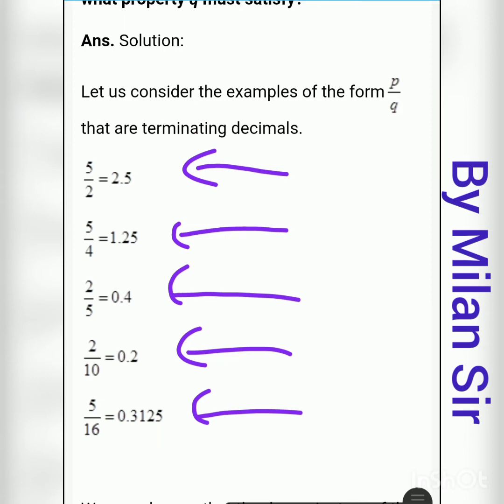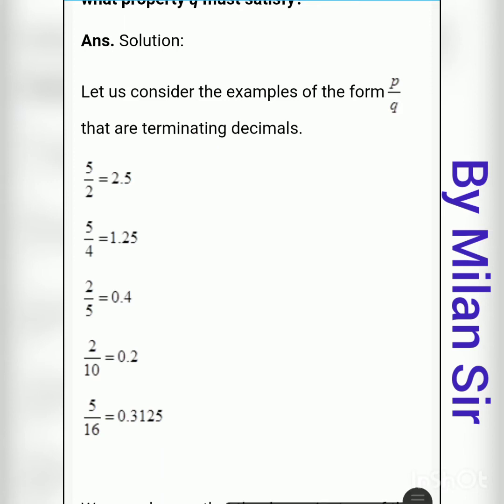Now if we look at the p by q form, then if a number has terminating decimal expansion and we factorize q, that means the denominator, we always get only the factors 2 and 5, no other factor.